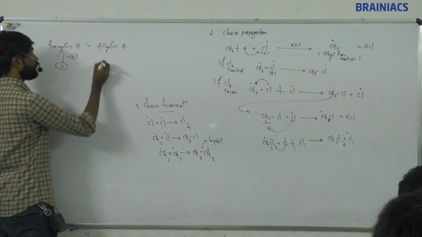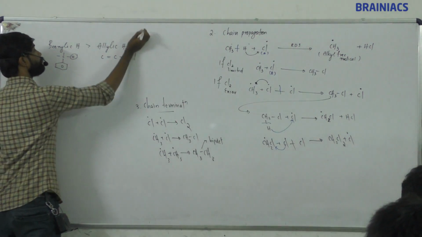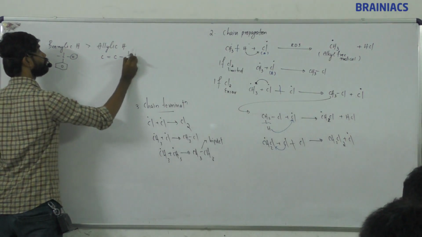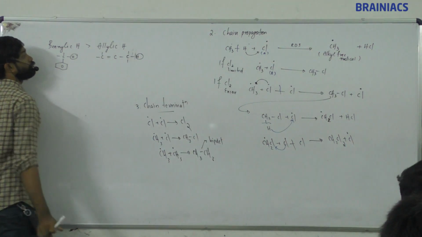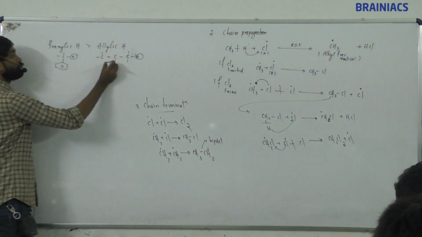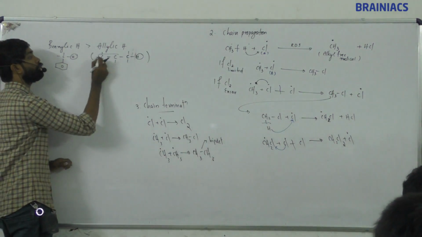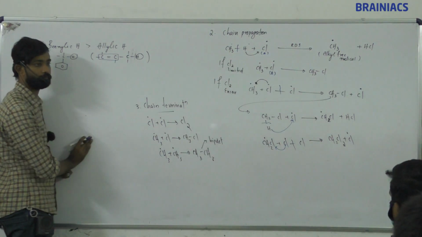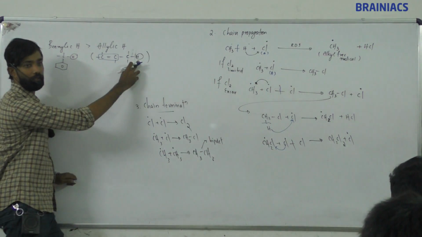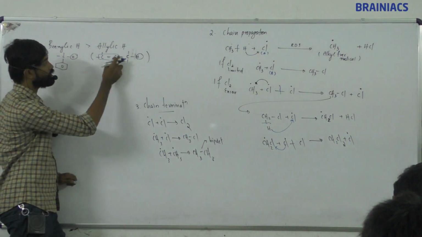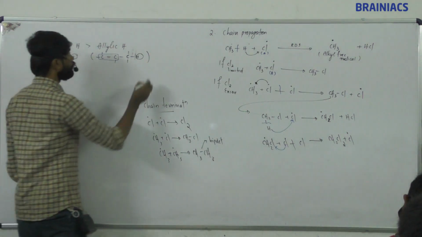Allylic means the hydrogen which is just alpha with respect to a double bond, that is said to be allylic hydrogen.